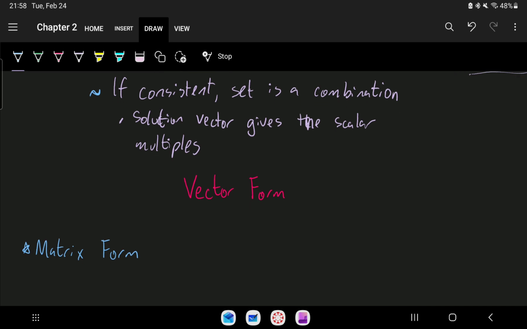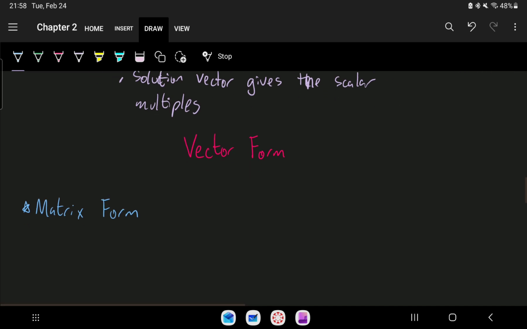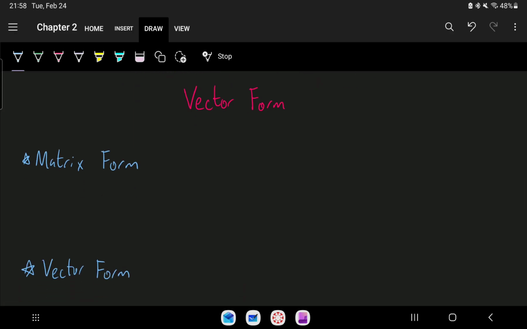Yeah, we'll do an example in just a second, but before then, I just want to briefly look at the vector form of an equation, which takes us to a different way of doing matrix multiplication, which is honestly easier to think about than what we have worked with before.